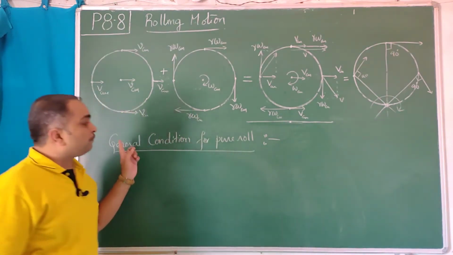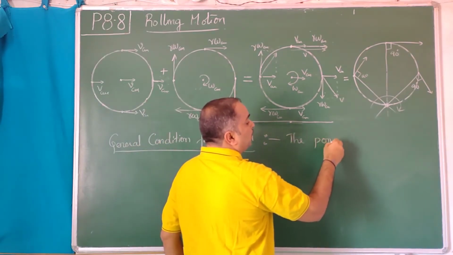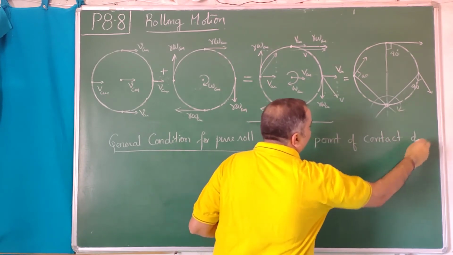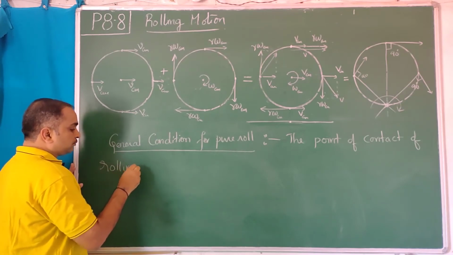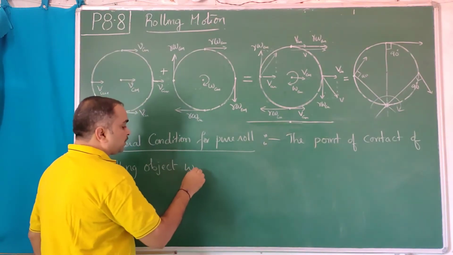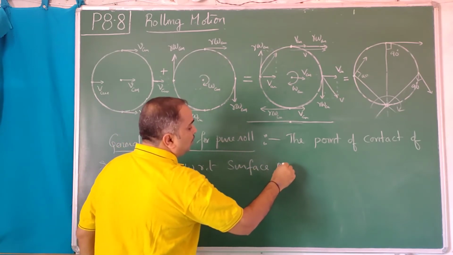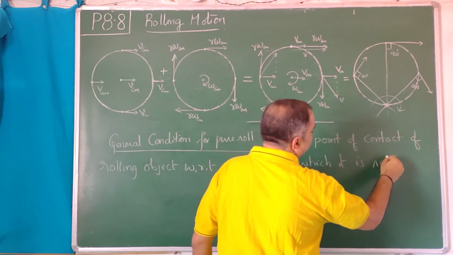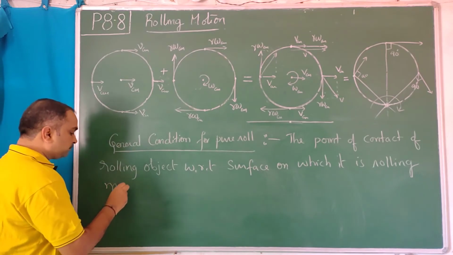The general condition for pure roll is the point of contact of the rolling object with respect to the surface on which it is rolling must have zero relative velocity.